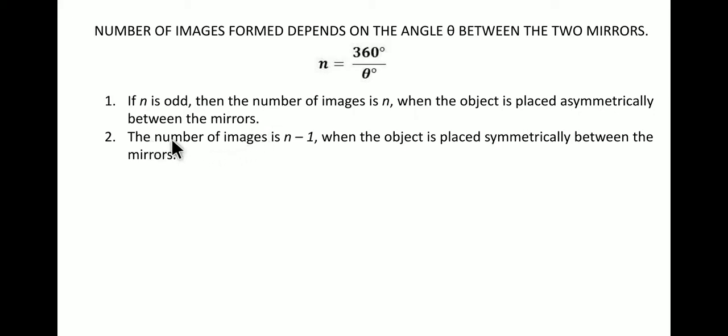Next, the number of images will be n minus 1 if the object is placed symmetrically between the mirrors. If n comes out to be 5, then the number of images will be 5 minus 1, that is 4. Symmetrical means the object lies equally away from both the mirrors.